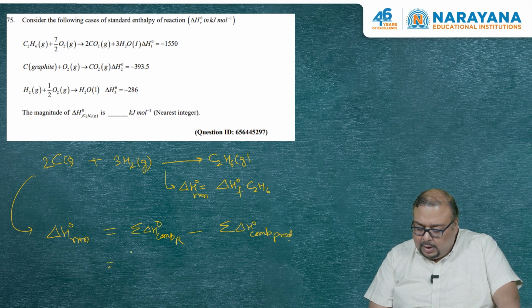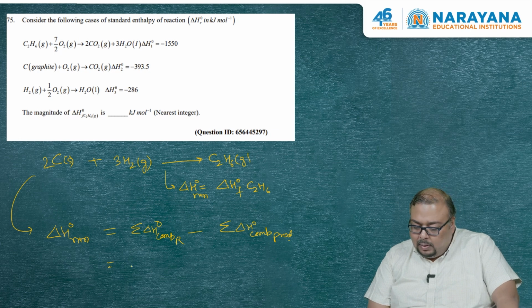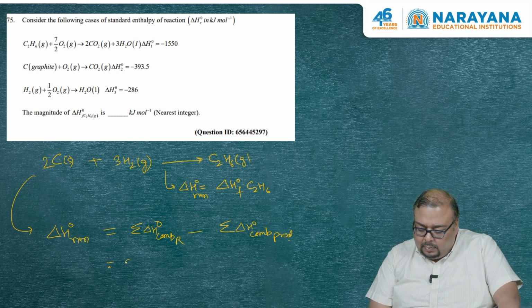So what are the reactants? One is carbon, so it will be like 2 into minus 393.5 plus 3 into minus 286, minus.